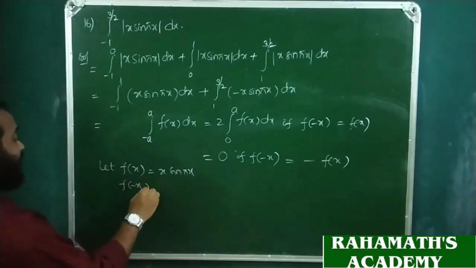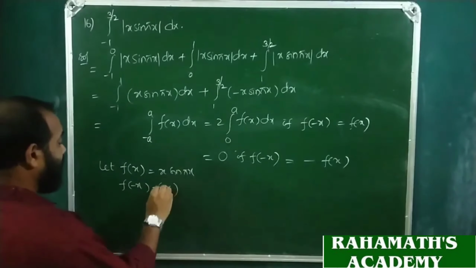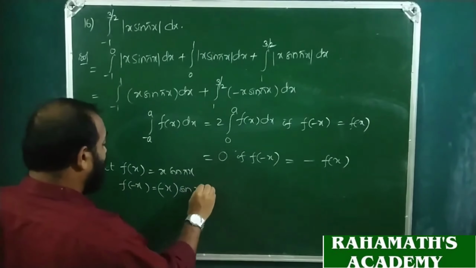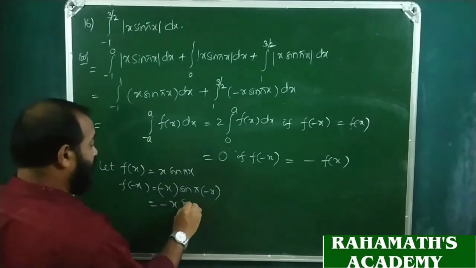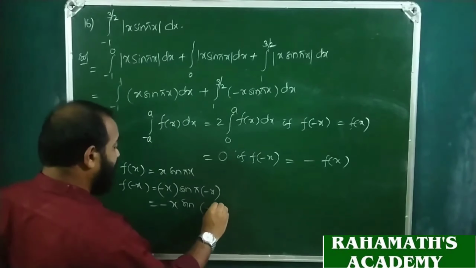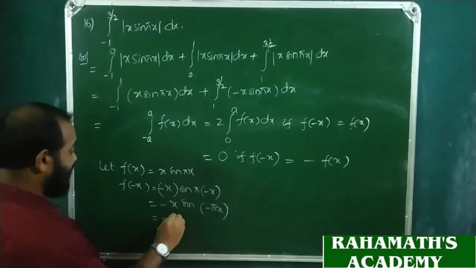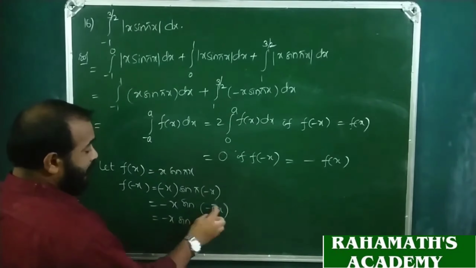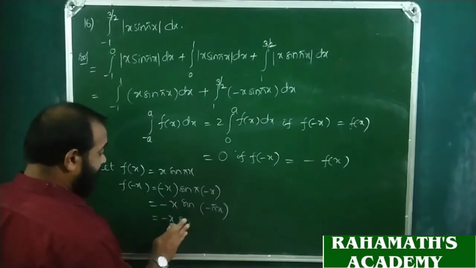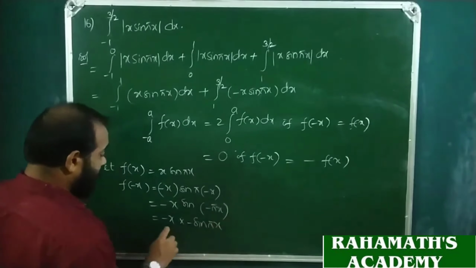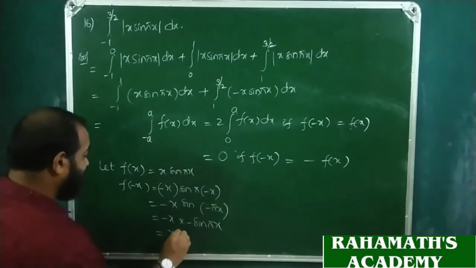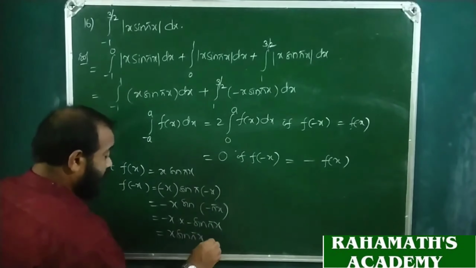So f of minus x is minus x into sine pi into minus x. Minus x sine minus theta is minus sine theta, that means minus sine pi x.